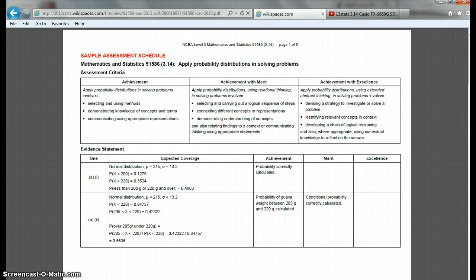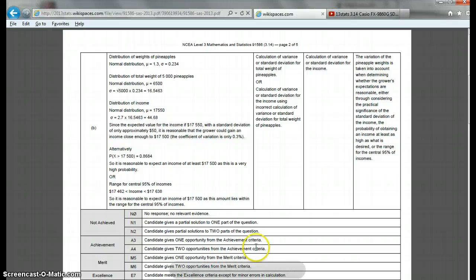And how many achieves do you need? Okay, achieve. Candidates give one. So, I don't know what that means. And a not achieved gives partial solutions to 2 parts of the question.